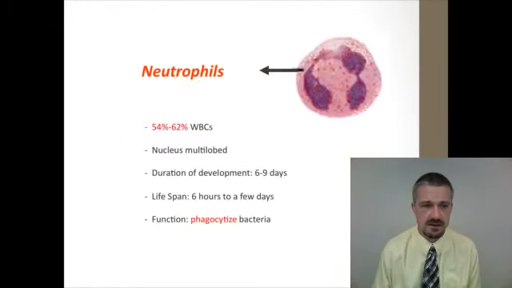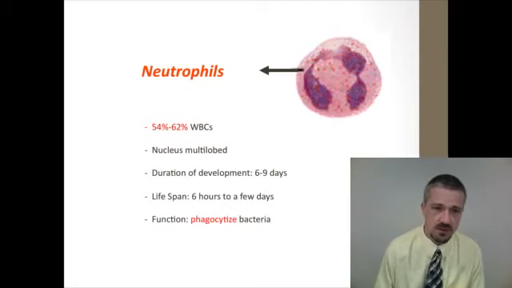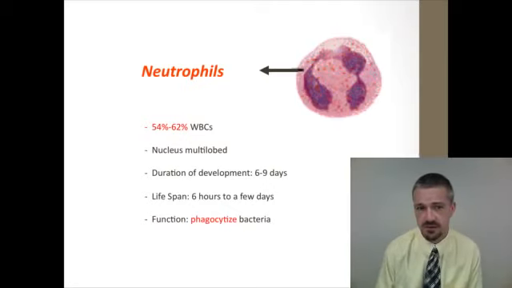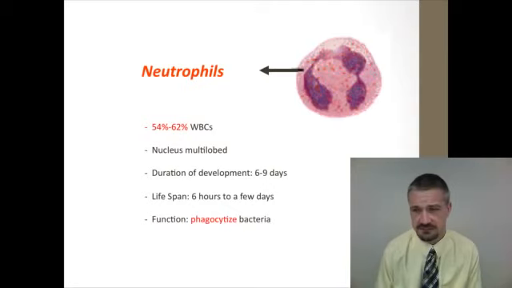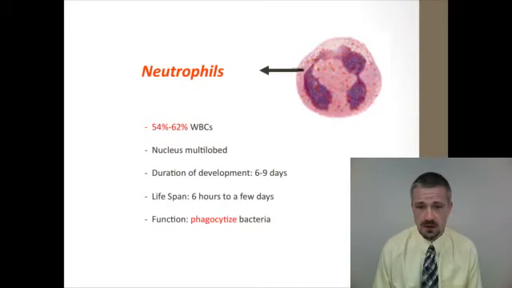You can see there are 5 different types of these, so we will take a look at the neutrophils first. The neutrophils are the most common of the leukocytes, anywhere from about 50 to, in some cases, up to about 70% of the white blood cells. One way to tell it apart is its cytoplasmic granules.